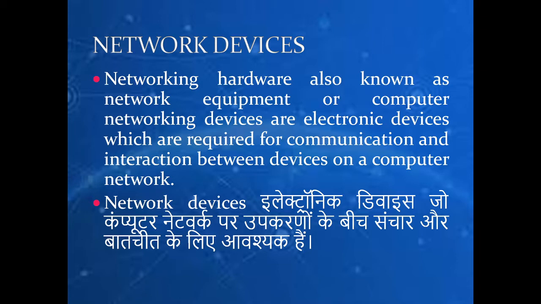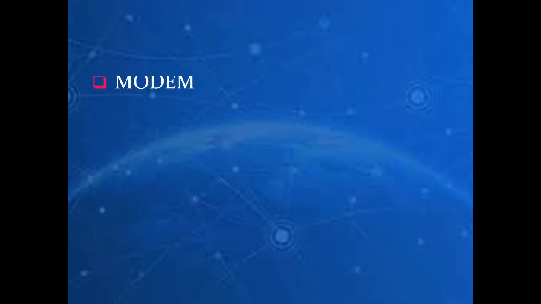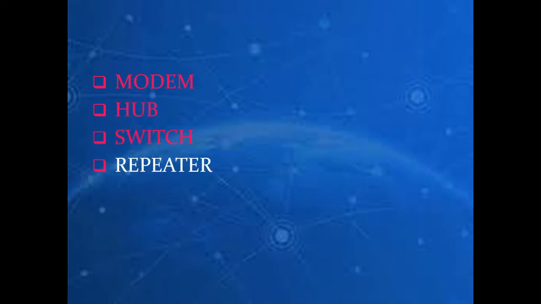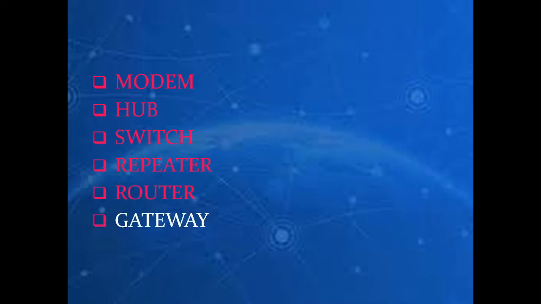Okay, so in this video we will discuss some of the network devices, and those network devices are modem, then hub, then switch, then repeater, then router, and last one gateway. So these many devices we are going to discuss in today's video.